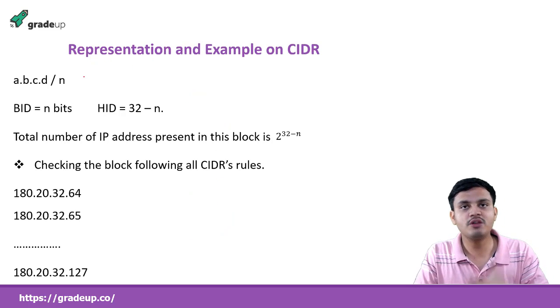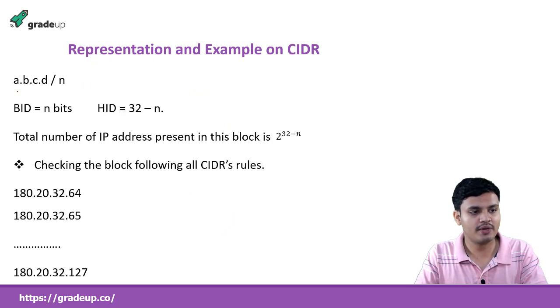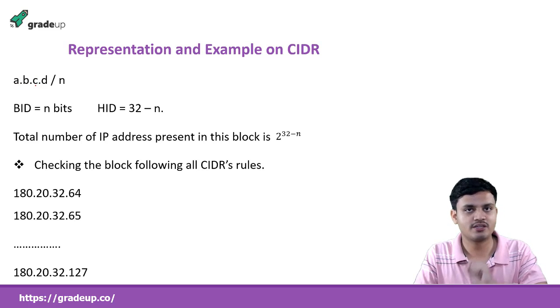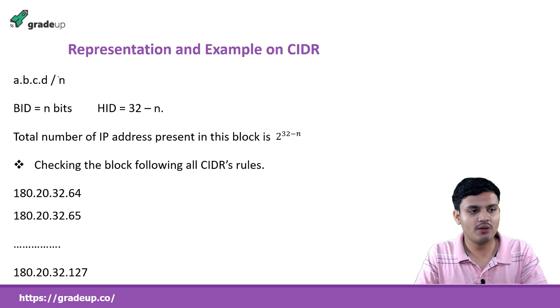Now how do we represent it? Suppose this is the IP address, in dotted decimal representation. So A, B, C, D are there, and the block ID is represented by this N. After the slash we write the N, and it is the block ID. So N bits are used for the block ID.